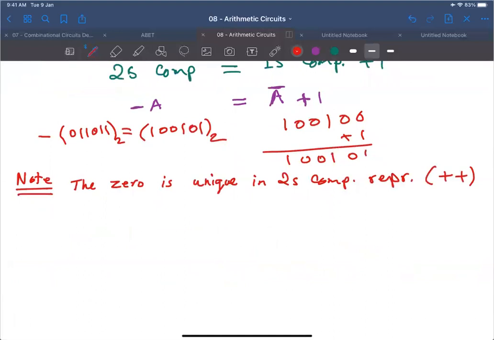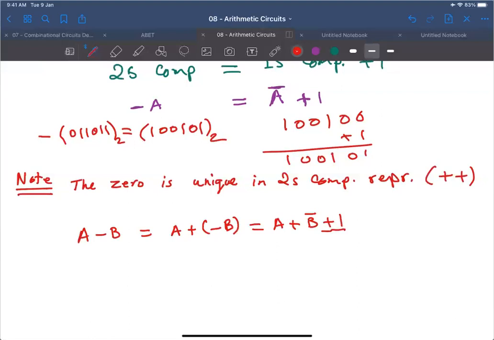For example, if you want to do subtraction, A minus B, you can write this as A plus minus B, and by definition negative B is the 2's complement of B, which is A plus B complement plus 1, right?